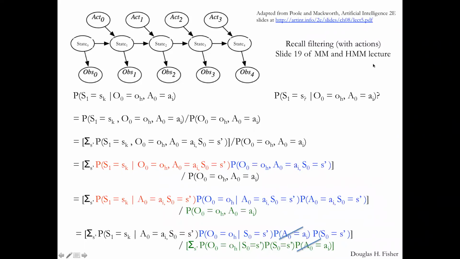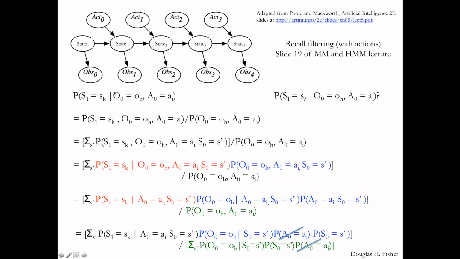You can do, again, filtering with hidden Markov models. The format for filtering is we have information about prior observations and actions taken.